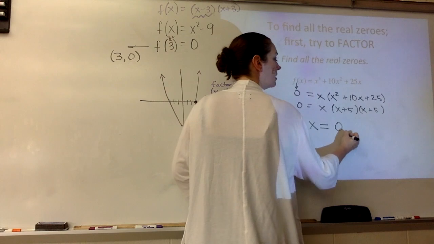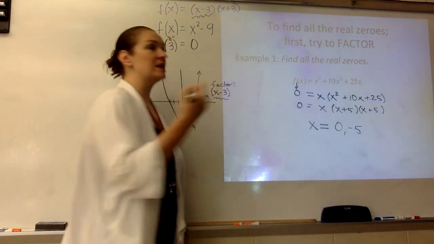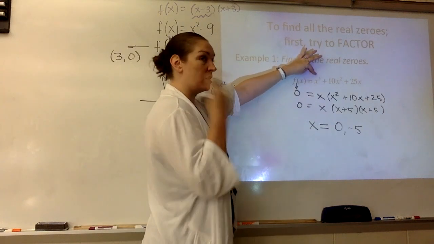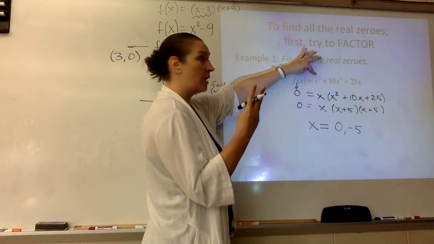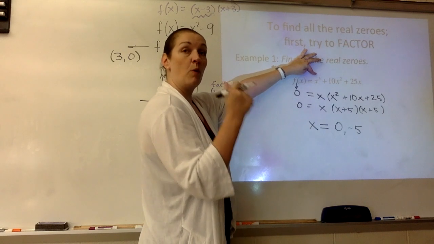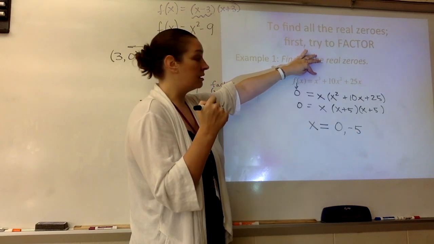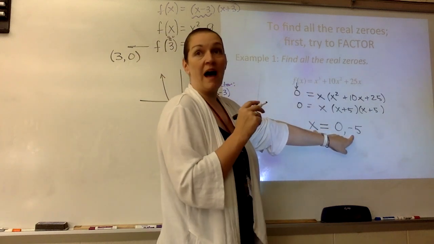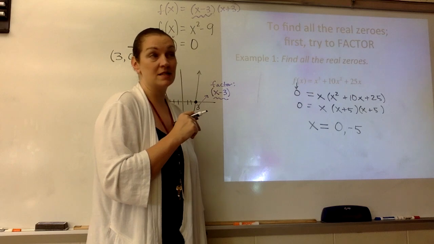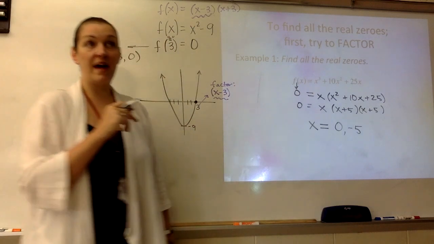0 and negative 5. Now students always ask me this question. Mrs. Gomer, on the previous slide it said the highest power told me there should be 3 solutions. Well, this is a perfect example that there are 3 solutions, but one of them counts twice. Which one? Negative 5. You've been calling these double roots in the past? Yes? You've heard of that, double roots?